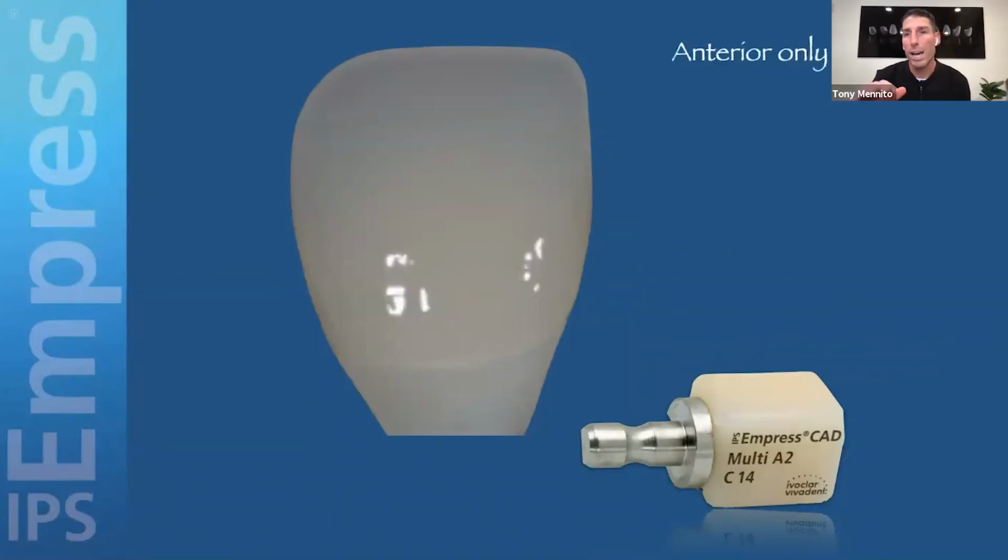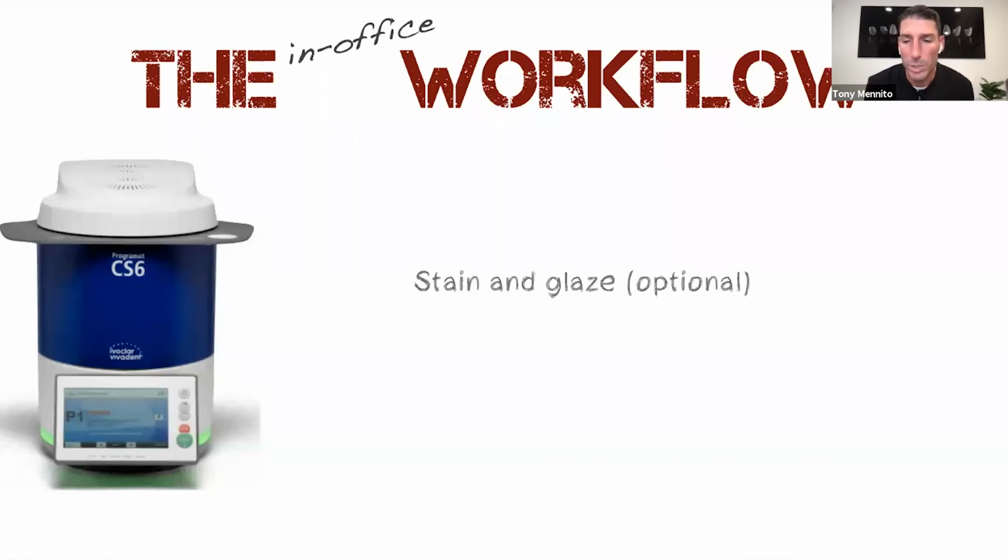Once again, I have anterior only here, but you can use it for small restorations in the posterior. You just have to pick your spots depending on the occlusion. It must be bonded, though. Absolutely must be bonded to tooth structure, because it's just not strong enough to hold up on its own. If you want to do a stain and glaze cycle for Empress, and we did in that case that I showed you, and you likely would for single unit anteriors.